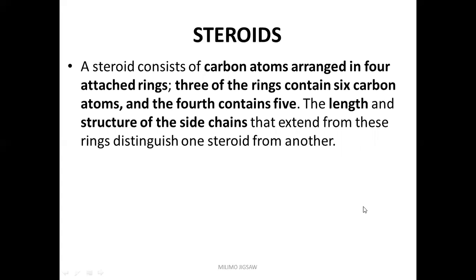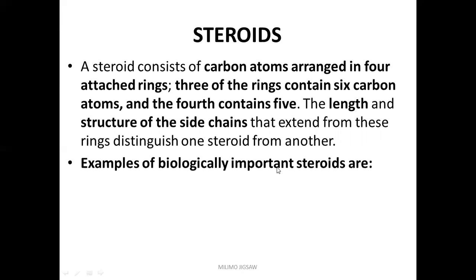Of those 4 rings, 3 will contain 6 carbon atoms, and the 4th will contain 5. The difference in the length and structure of the side chains that extend from these rings is going to distinguish one steroid from another.